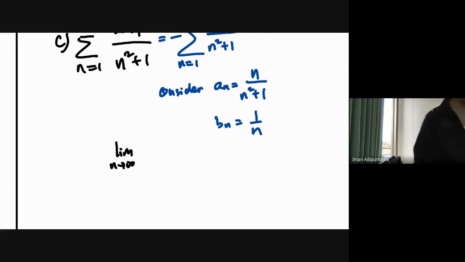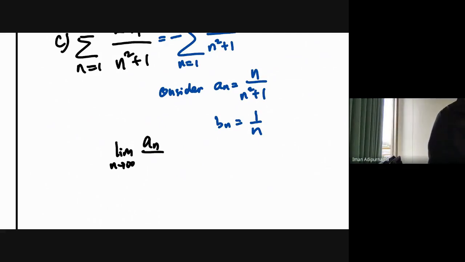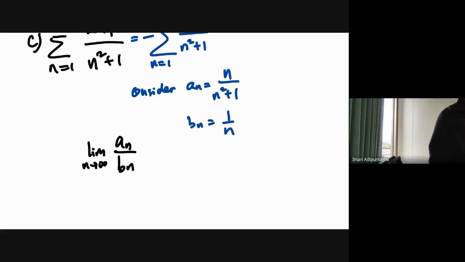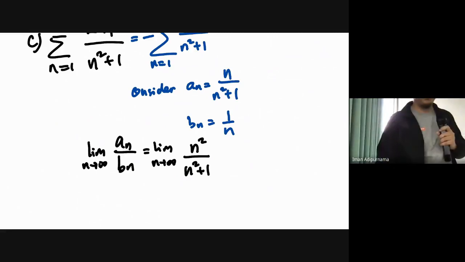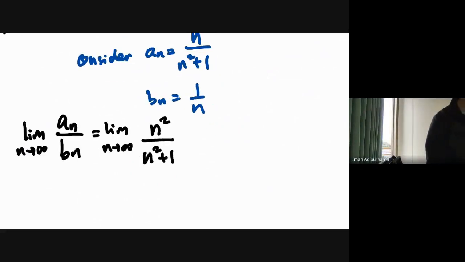And then let's use the comparison of an divided by bn. What I want to do is make the top of the an become n squared. So this will be n squared plus 1. And then we know that from this, the limit is equal to 1.